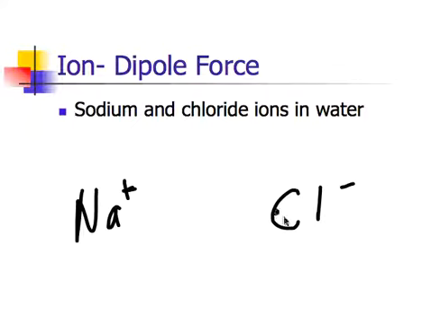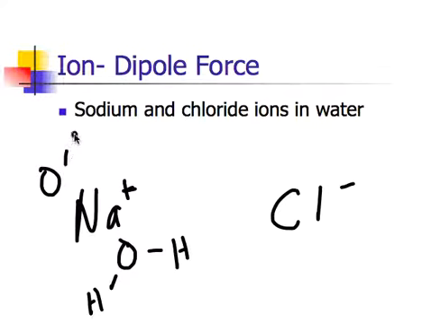But what causes these guys to break apart is the attraction of the water molecules. So what's going to happen is these water molecules are going to arrange themselves so the negative part of them is closest to that positive ion.